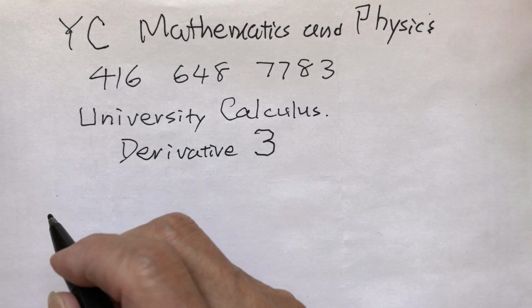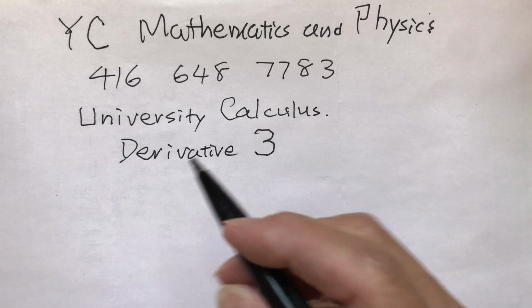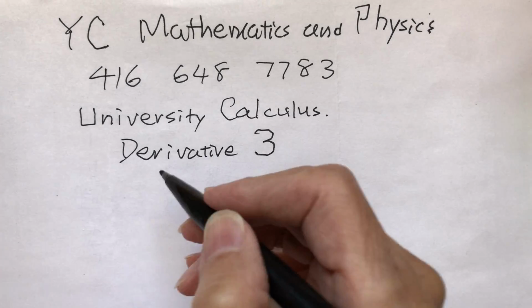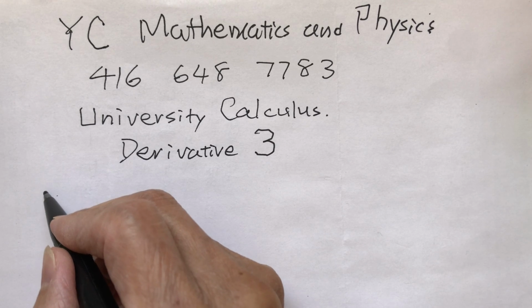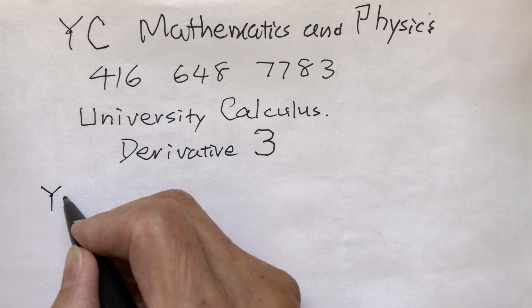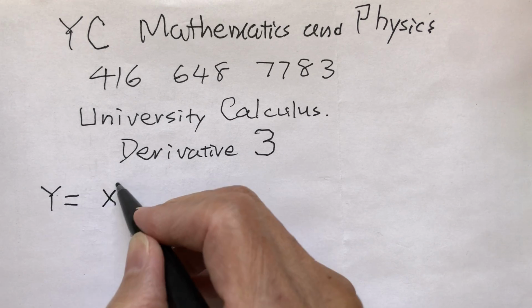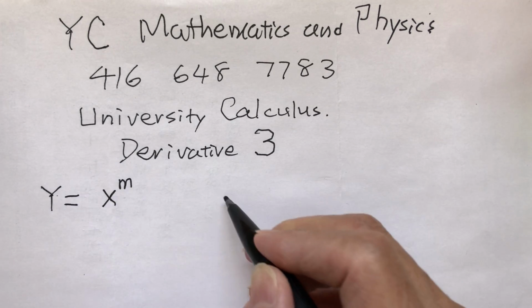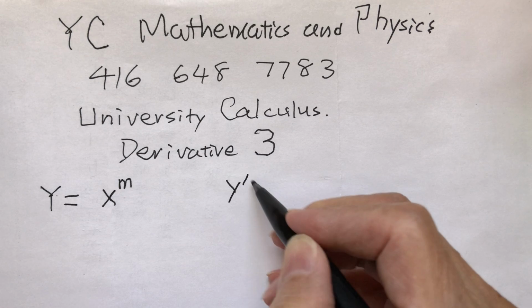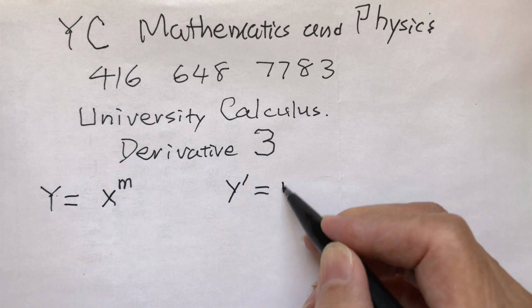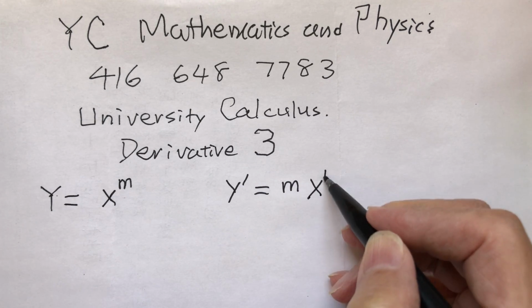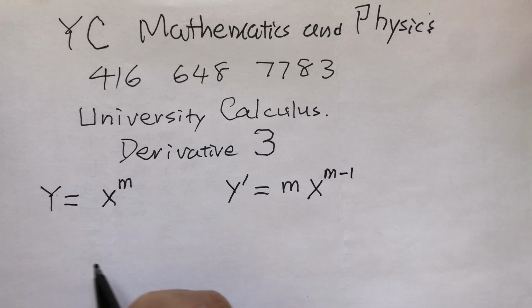Let's have a review. We discussed the power rule, which means y is given as x to the power m. Then the derivative is m x to the power m minus 1.